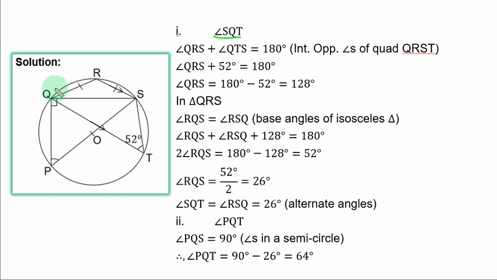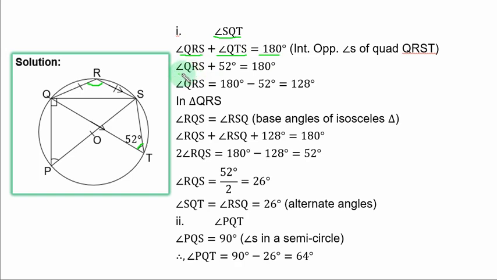Let's take QRST as a quadrilateral, and you have this angle and this angle. They are interior opposite angles, and their sum is 180. So you have angle QRS plus angle QTS equal to 180, interior opposite angles of a quadrilateral.